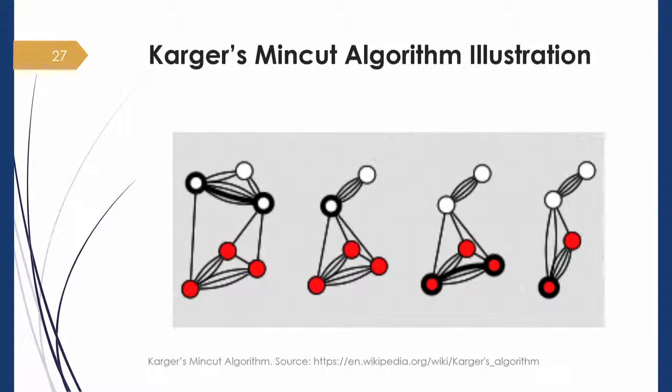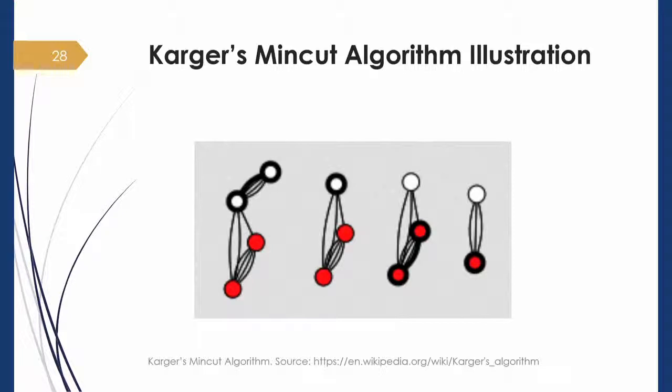We continue on, and finally we will be left with a scenario like this, where you have 2 vertices and a few edges going across them, and each of these super nodes is actually representing a larger set of vertices in the original graph.